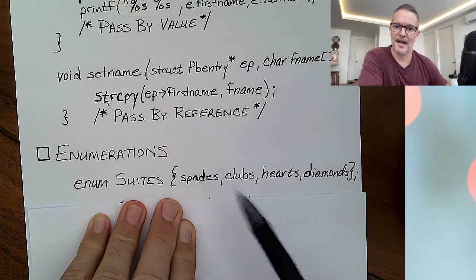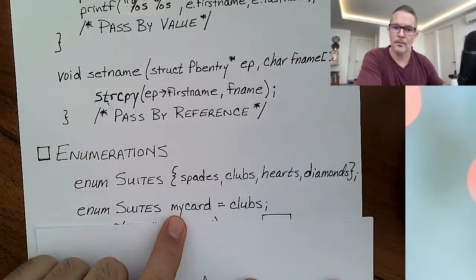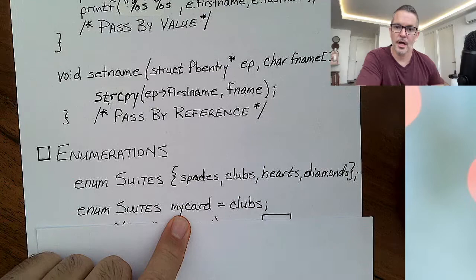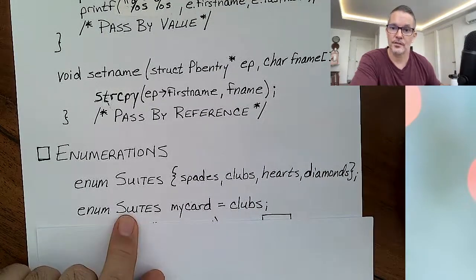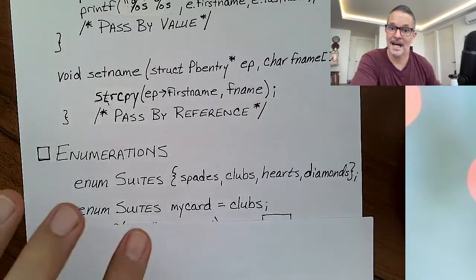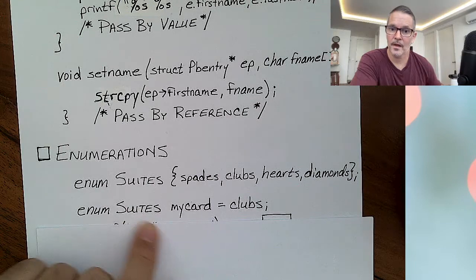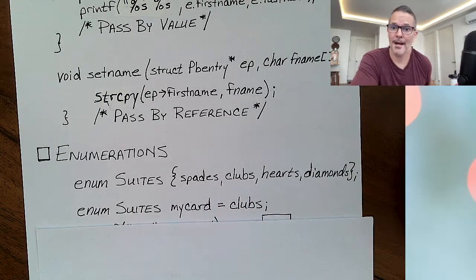So once I've defined this enumeration, I can define a variable, my card, of type enumeration suits. So this is now a variable of type suits, and I can set it equal to one of the suits. So I can say my card equals clubs.